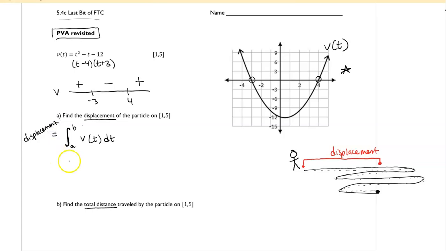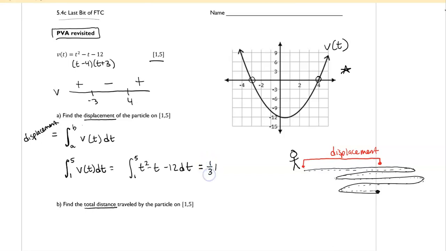So for this particular problem, we are going to do the integral from 1 to 5, because that is our interval up there, of v of t dt, which equals the integral from 1 to 5 of t squared minus t minus 12 dt. We're going to do this one by hand, okay? Hope you have some space.